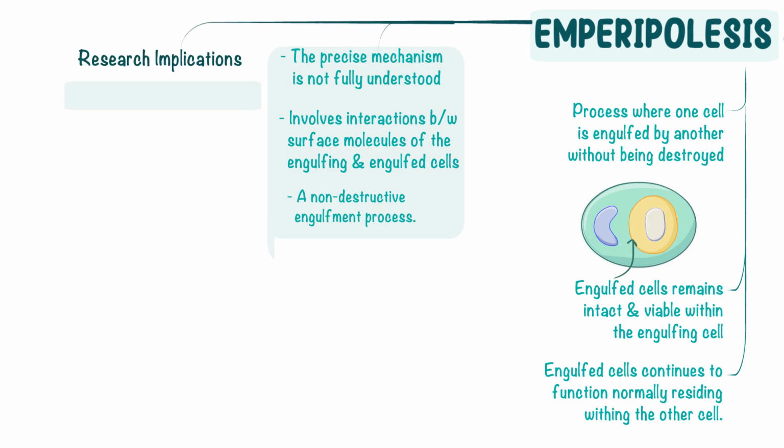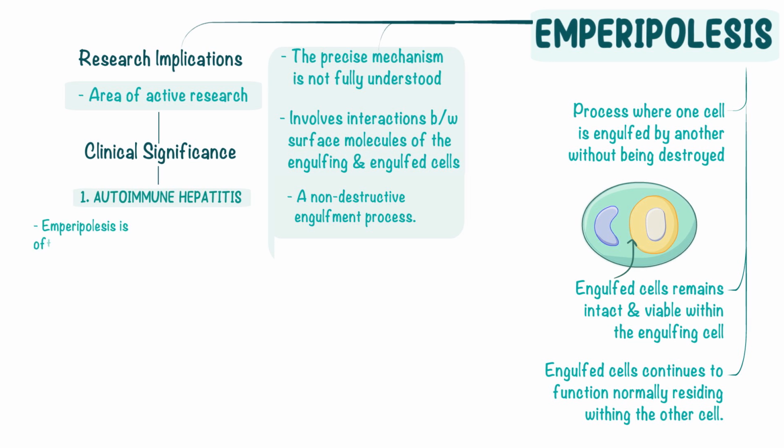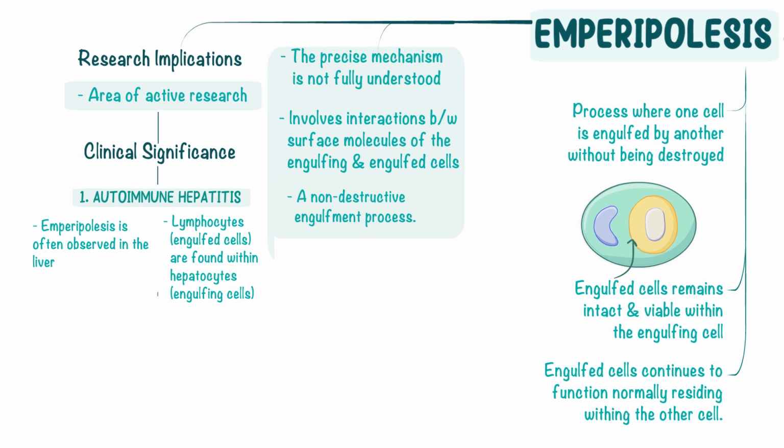Emperipolysis is an area of active research, particularly in understanding its role in disease processes and its potential implications in cell therapy and transplantation. In autoimmune hepatitis, emperipolysis is often observed in the liver, where lymphocytes, which are the engulfed cells, are found within the hepatocytes, which are the engulfing cells.